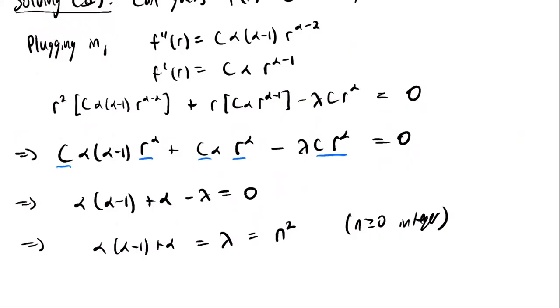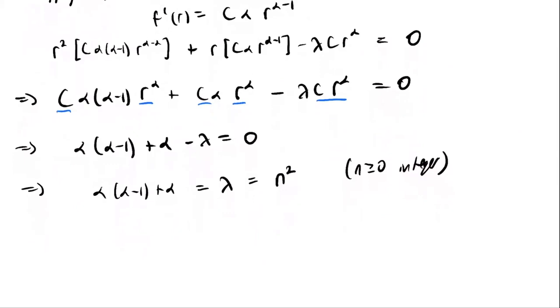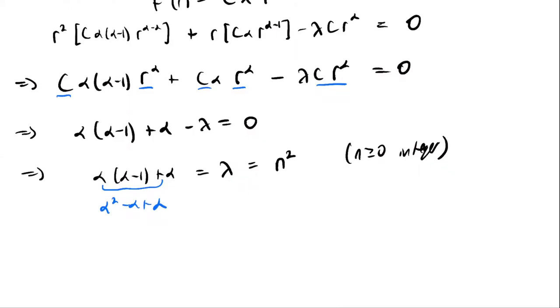Well, let's first consider the case where, well, actually, I can simplify this a little bit further. So this here is alpha squared minus alpha plus alpha. And so we end up with, finally, alpha squared has to equal lambda, which is n squared, right?